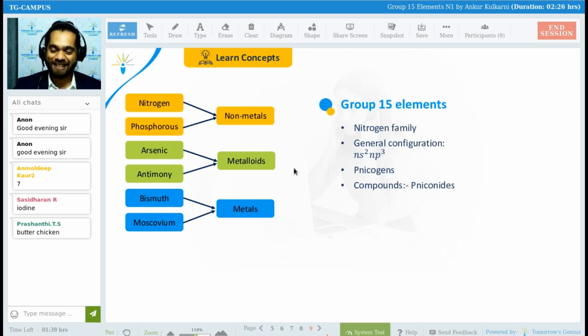What is oxidation state? Ragul, what is oxidation state? What are you looking at the ceiling for? The answer is not written over there. Anthony?